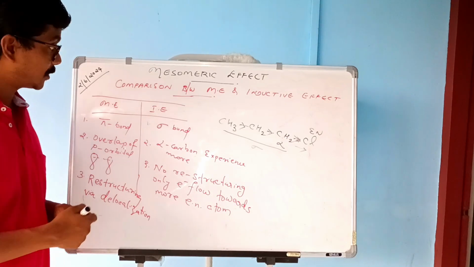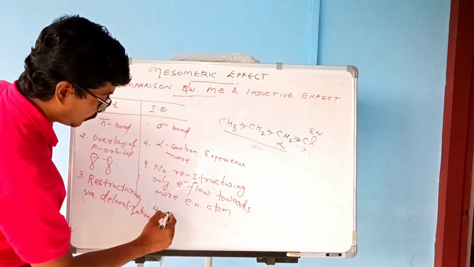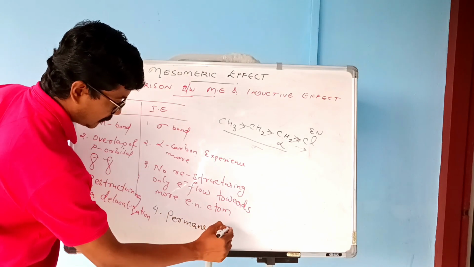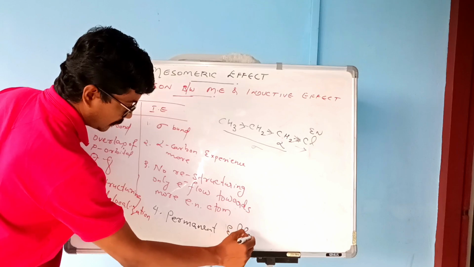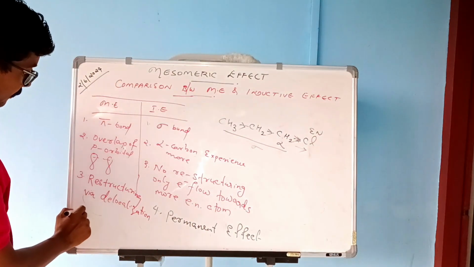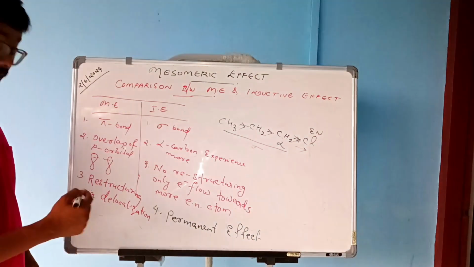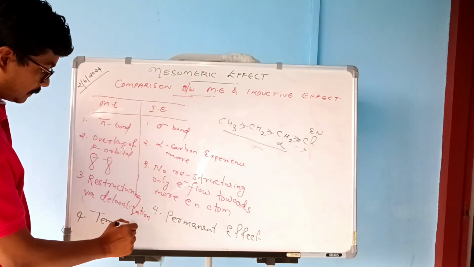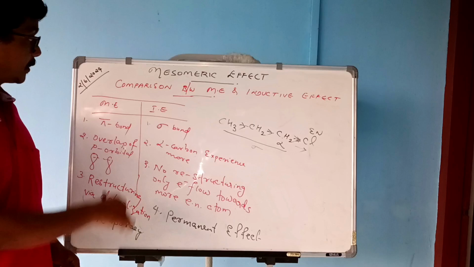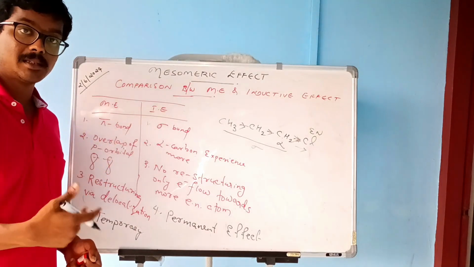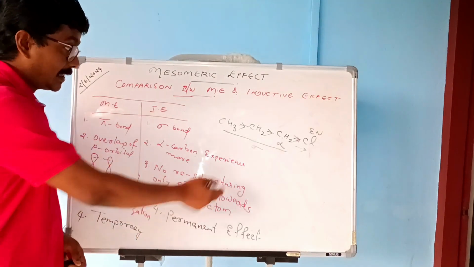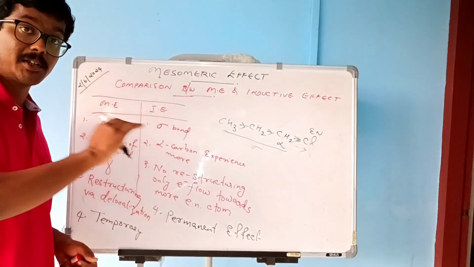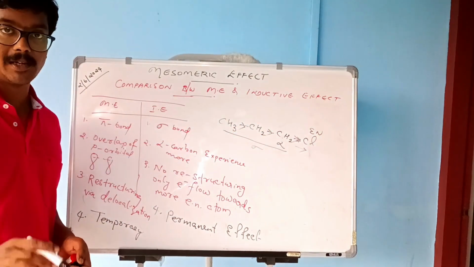So we can write that this is a permanent effect, whereas the mesomeric effect is temporary, because when the substituent is removed, the effect is also removed. But the inductive effect is permanent. The flow will be continuously moving towards the more electronegative atom, right?